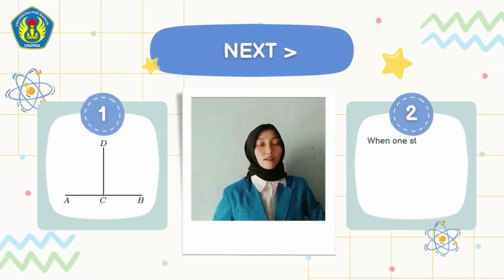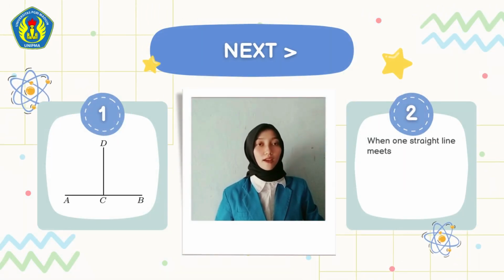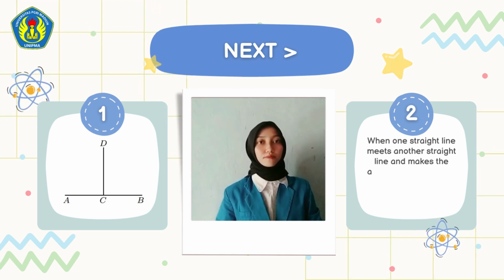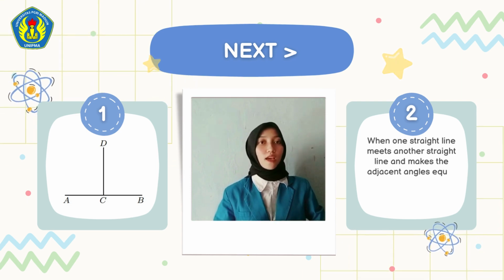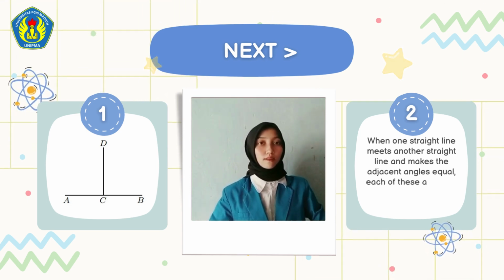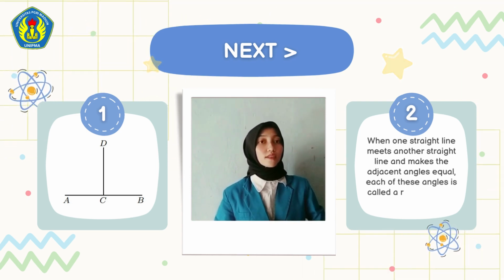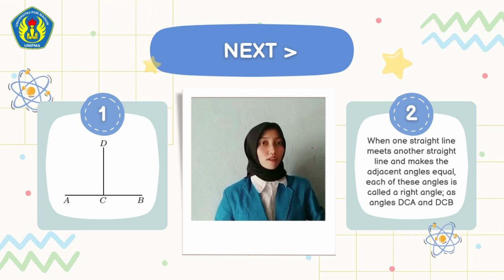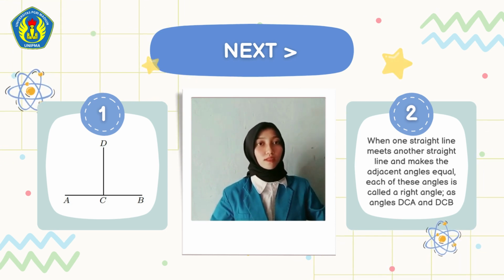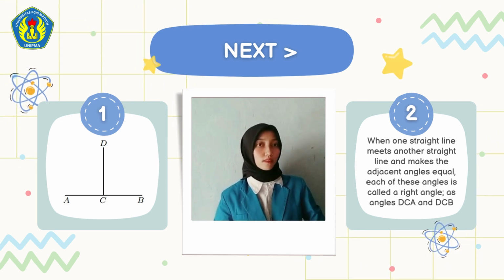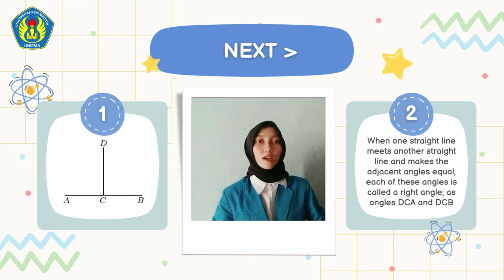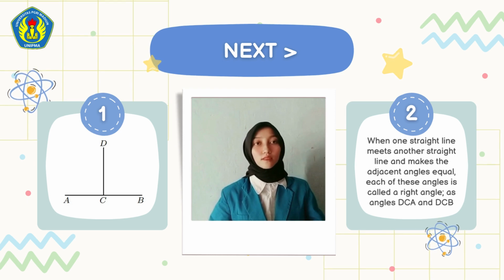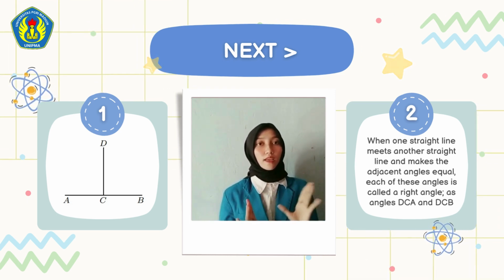When one straight line meets another straight line and makes the adjacent angles equal, each of these angles is called a right angle, as angles DCA and DCB. A right angle is an angle whose magnitude is exactly 90 degrees. In the figure, the angle DCA and the angle DCB form a right angle.